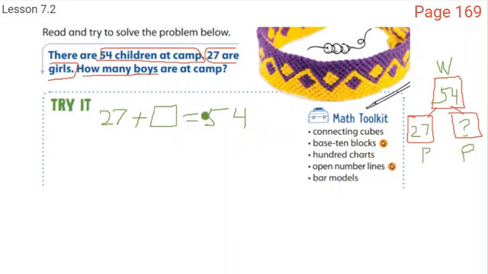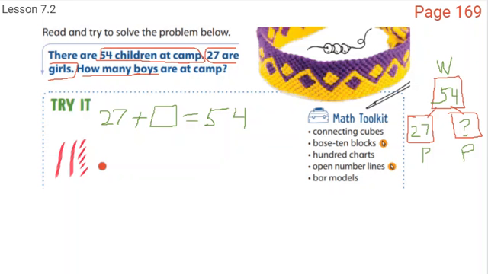So this is one of the ways that I would do it, Mr. Woods would do it, because I like using base 10 blocks. I really like it because it paints that picture for me. So follow along with me. So here we go. If I have 27, 1 10, 2 10s, because remember that's 2 10s, and how many ones? 7 ones. 1, 2, 3, 4, 5.